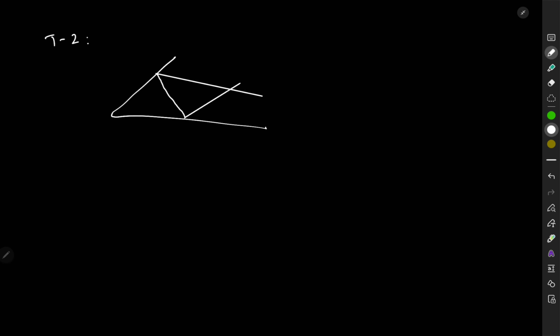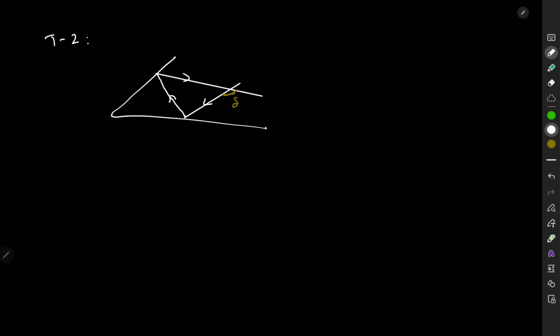Let's go for type 2, where two plane mirrors are there. Let's say you incident a ray like this and it goes like this and it comes like this, right? This is the path, fine. And this will be the deviation.